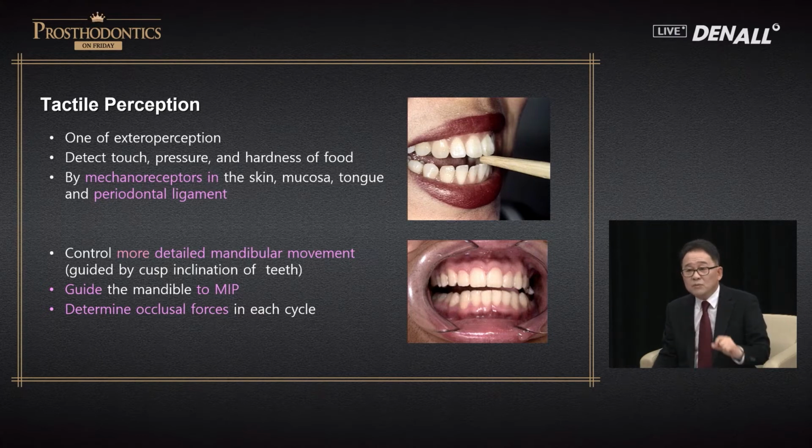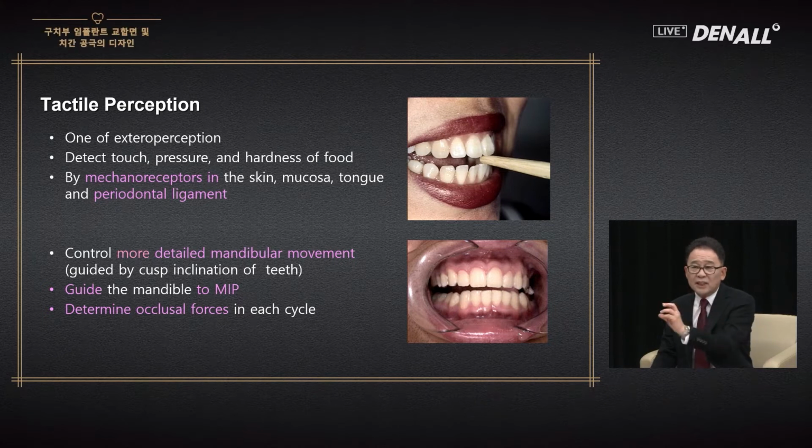And the role of the mechanoreceptors is the defense mechanism to control the occlusal force at each cycle. So, lack of PDL is the biggest difference between implant and natural tooth, also in terms of function.